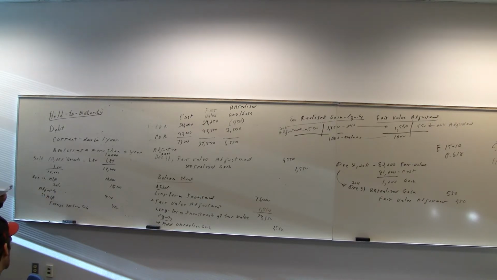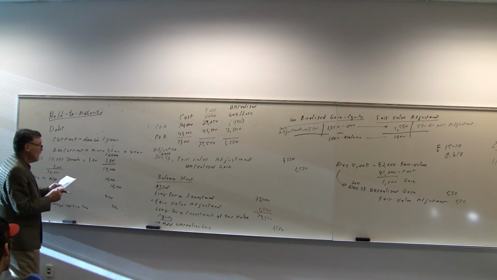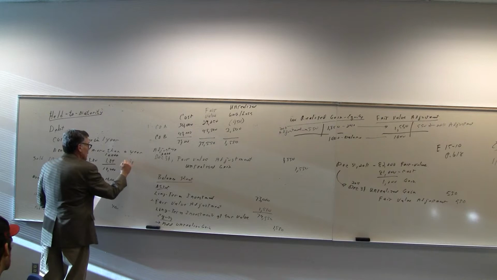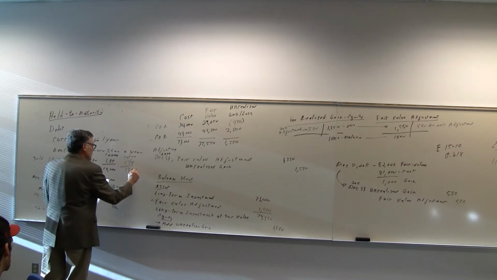Okay? Now, then on February 10th, the money's due. Now, on February 10th, it's worth $1.78. So 10,000 pounds at $1.78 comes to 17,800.